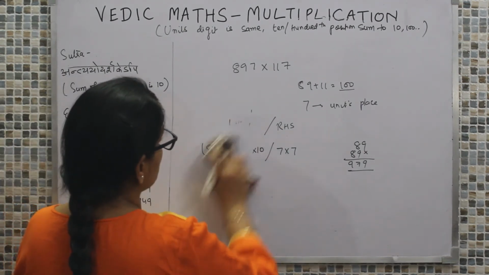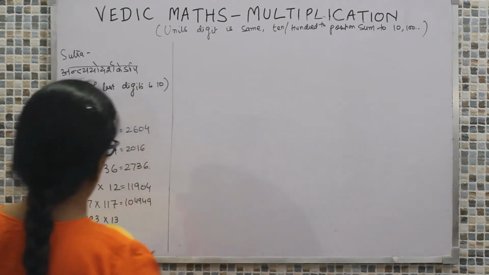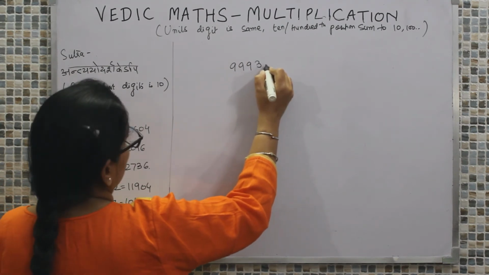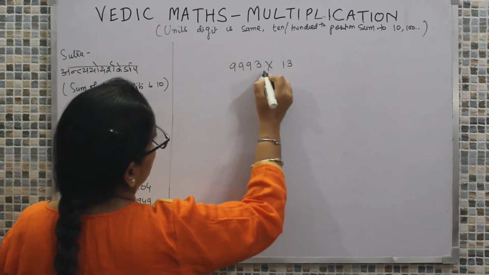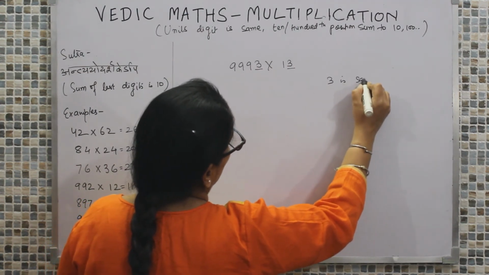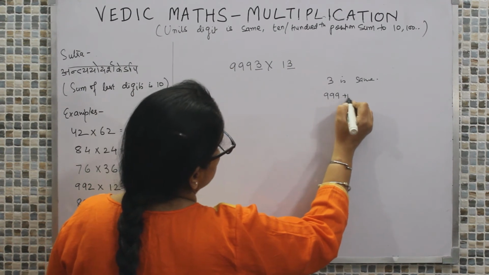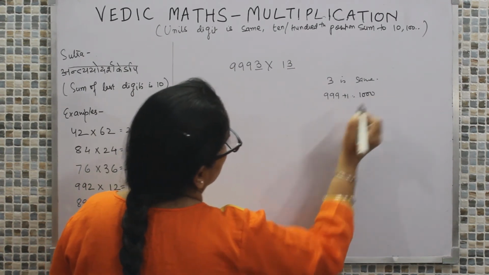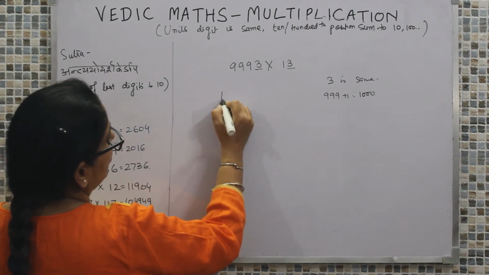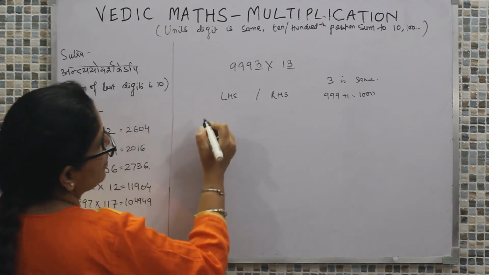Let's come to the last example. 9993 into 13. This is the same, so 3 is the same. Next, 999 plus 1 is coming to 1000. So LHS and RHS.